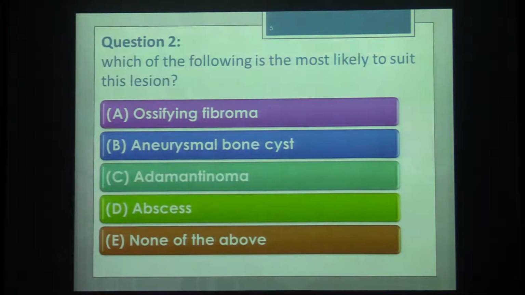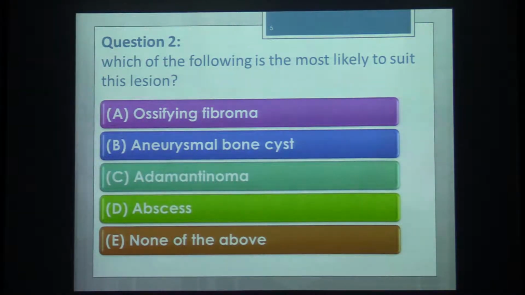So if we look at the differential diagnosis, what do you think is most likely to suit this lesion? Is it ossifying fibroma, aneurysmal bone cyst, adamantinoma, abscess, or none of the above?